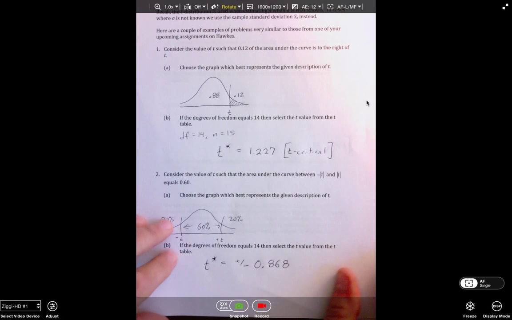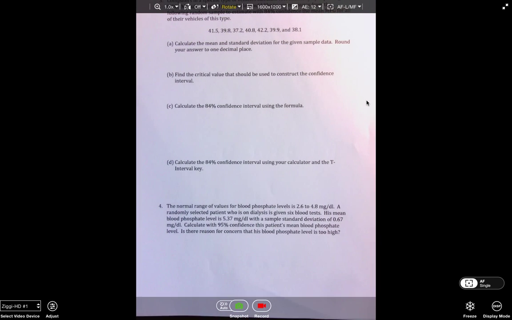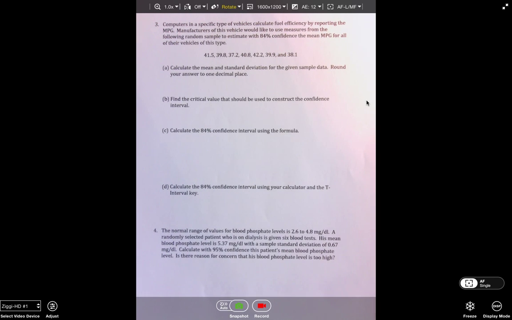All right, boys and girls, we're about done with this video. Let's just work a couple of problems. All right, computers in a specific type of vehicle calculate fuel efficiency by reporting the miles per gallon. I know mine does.